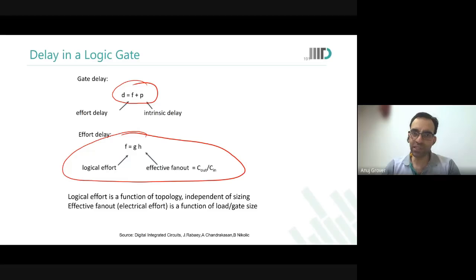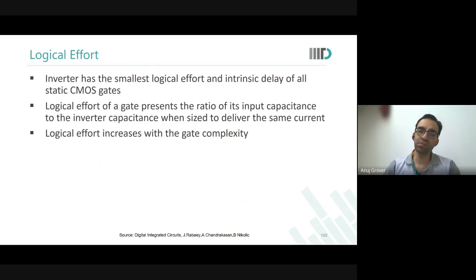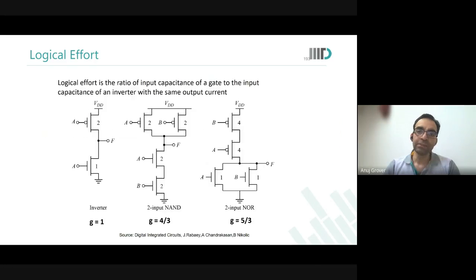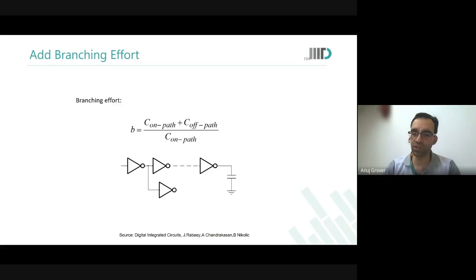While we did this for one gate, we also understand that there are long chains of combinational logic involved. We use the inverter as the base because it is the simplest circuit and has the smallest delay of all CMOS gates. And we just saw how to calculate the logical effort of different gates.